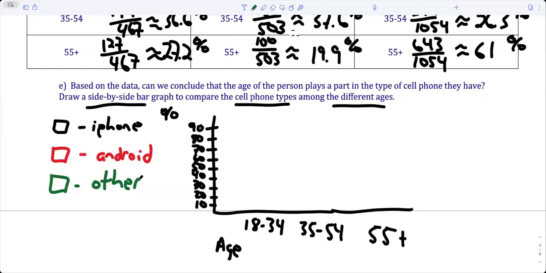If you don't have a different color, you can make slash marks across there to designate the different types of phone.